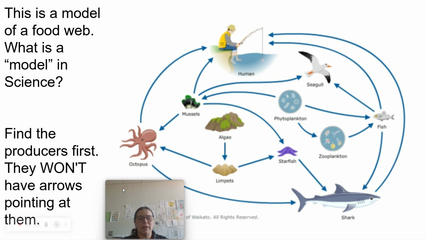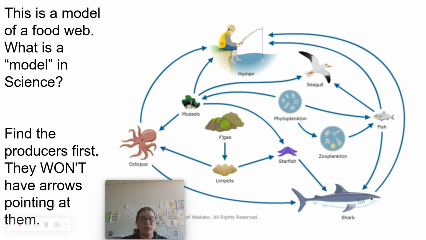So when we're looking here, the producers won't have any arrows pointing at them because they don't eat anything. So remember, the arrow points at the eater. Algae is going to be eaten by limpets. So this for sure is a producer. And then phytoplankton is going to be eaten by fish and zooplankton and mussels.